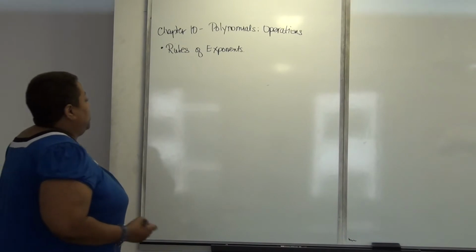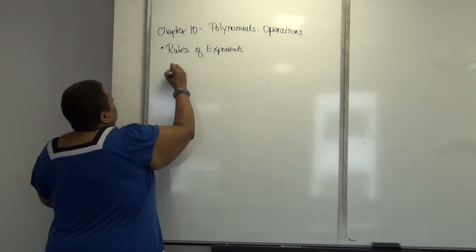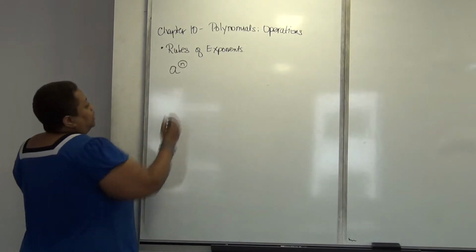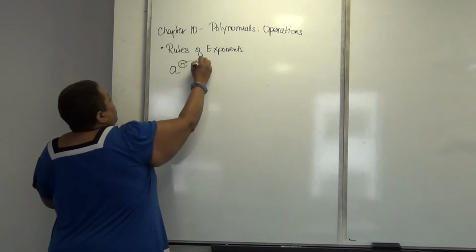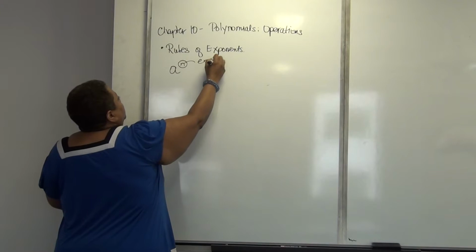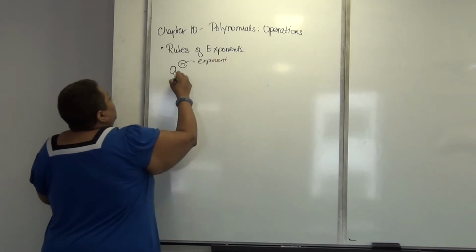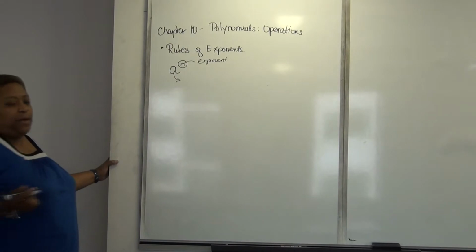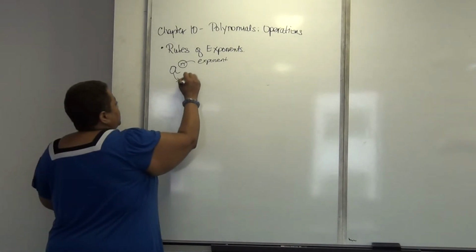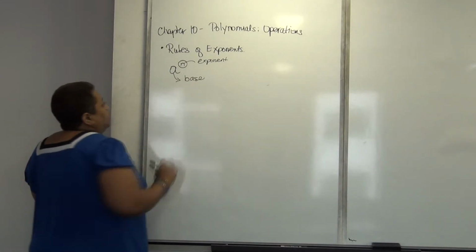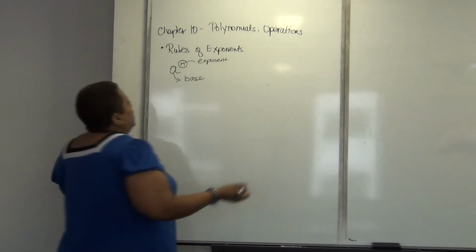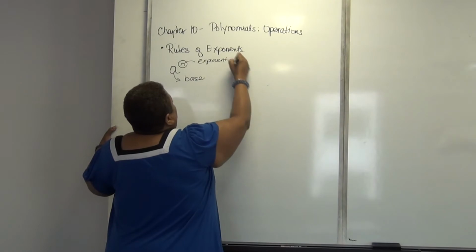First, let's talk about what is an exponent. So we have some term raised to a power. This particular power will be known as your exponent. The term that's being raised to the power is known as the base. The exponent tells you how many times to multiply the base.